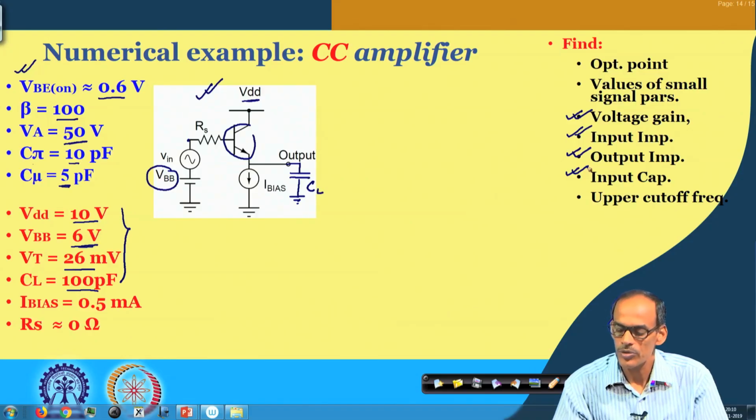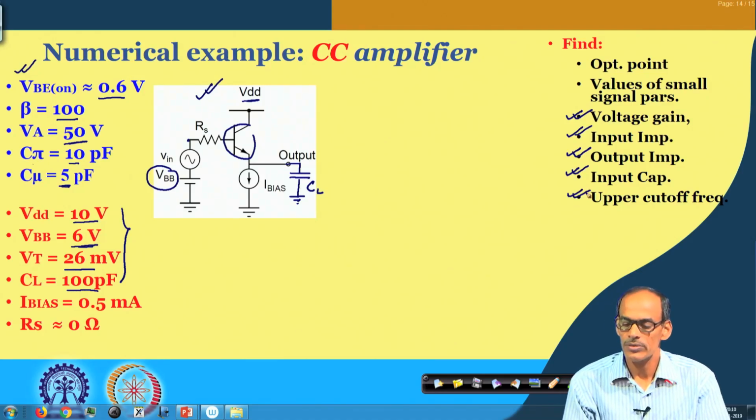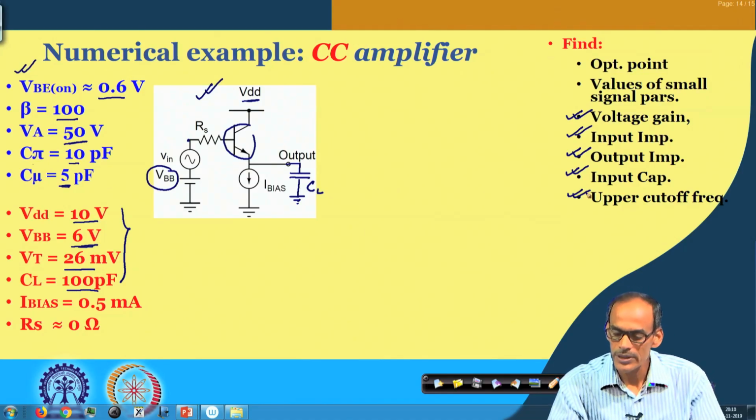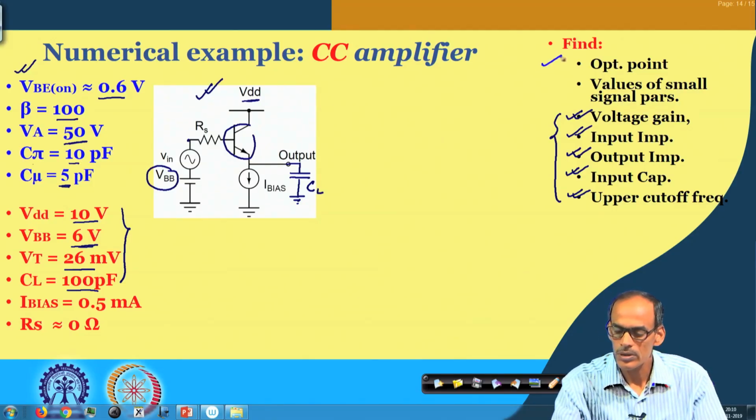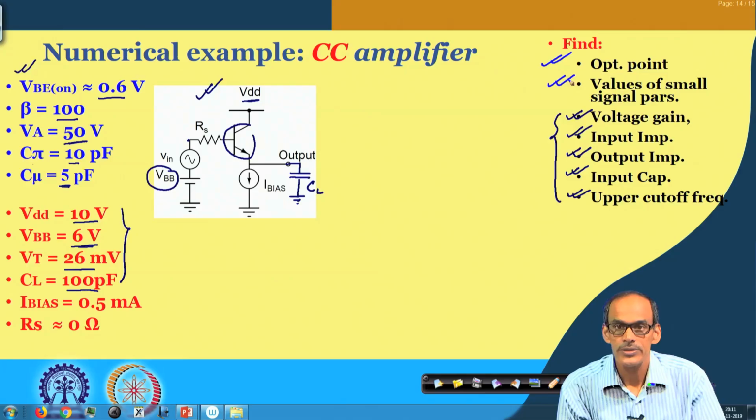Based on the output impedance and the load capacitance, we can find the upper cutoff frequency of the frequency response. These are the final performance metrics, but the intermediate steps are to find the operating point of the circuit, and then the small signal parameters, namely gm and gd of the transistor.